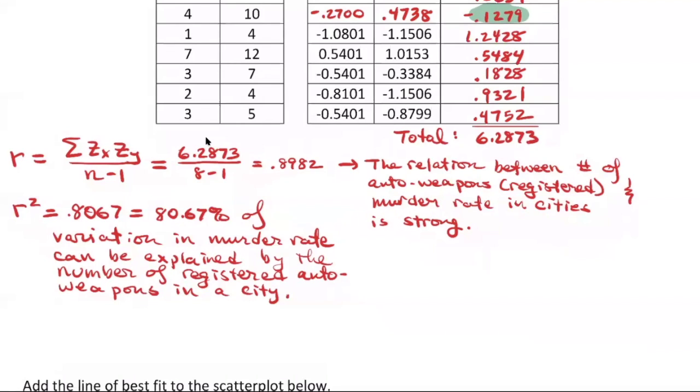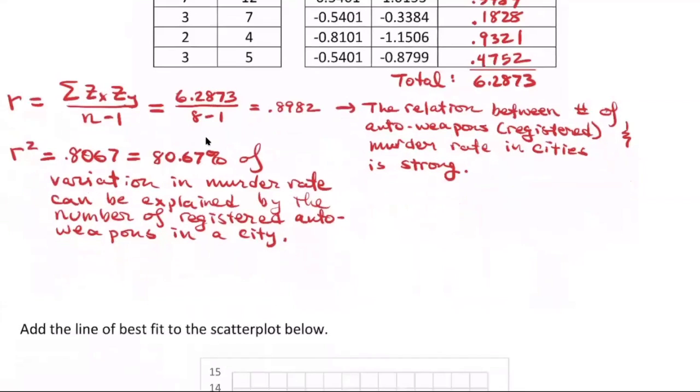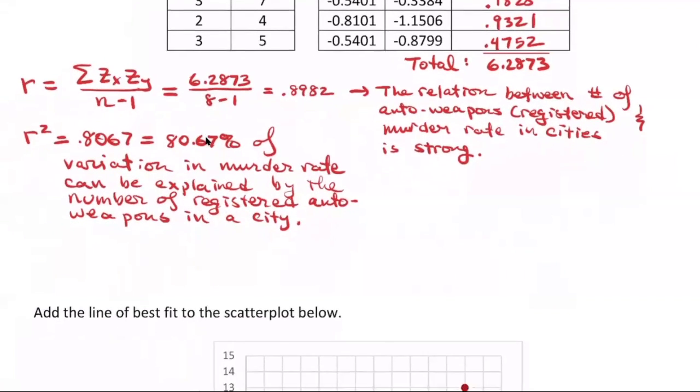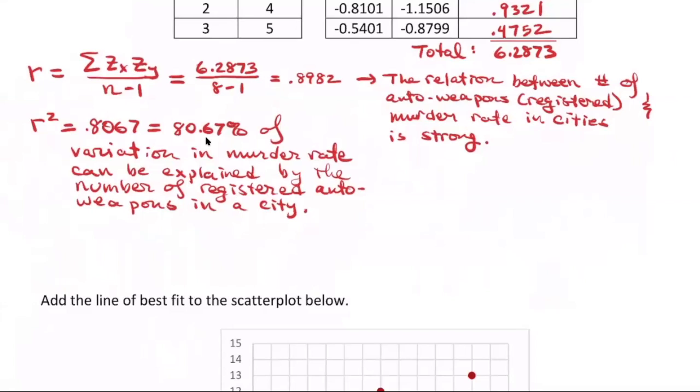I always say, just to kind of turn that around, people buy weapons to protect themselves lots of times. So sometimes I think the number of weapons is caused by the murder rate. It's just as valid as saying it the other way around. And in the end, we don't know. Okay, we just don't know. So you gotta just say, look, there's a relationship. It's strong. The one is not causing the other. At least we have no evidence of that. Any questions?